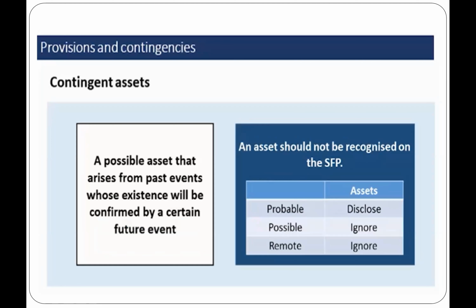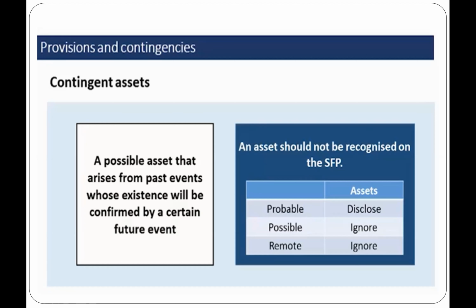Maybe you are saying, I paid you 10,000 to buy this, and it ended up being defective, so I want my 10,000 back. So you know the reliable estimate, and there's a legal obligation, but you don't know whether the courts are going to rule in your favor, which means the probability that you will be paid back your money is lower than 50%. So it's possible that the money is going to come.